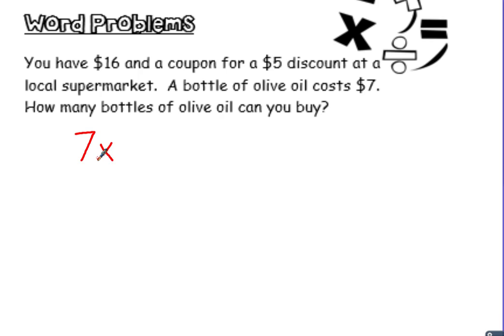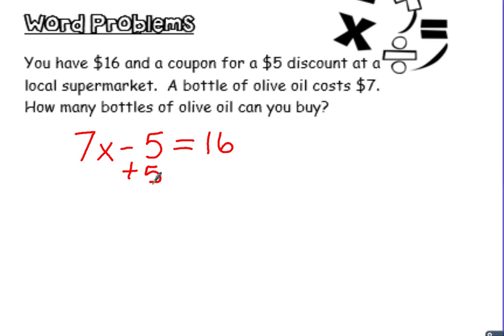We also have a coupon for $5 off. So it all depends on how many we can buy, and then they're going to take $5 off. And that's going to equal the $16 that we have. So 7 times a bottle of olive oil minus the $5 coupon will equal $16.